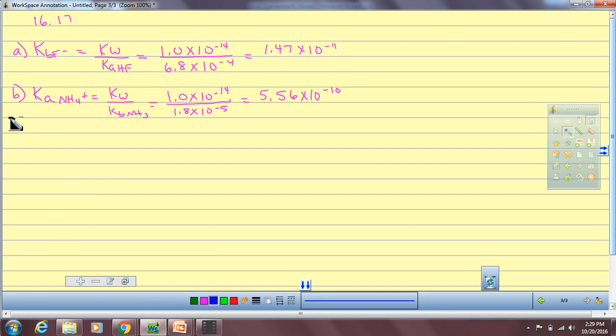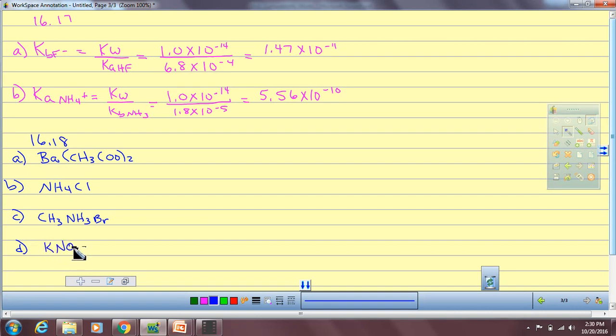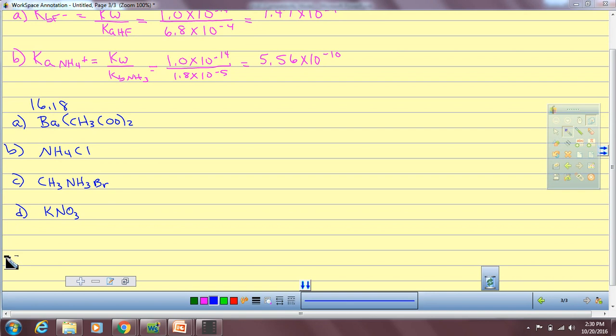So for 18, we are given barium acetate, ammonium chloride, CH3NH3Br, potassium nitrate, and Al(ClO4)3.